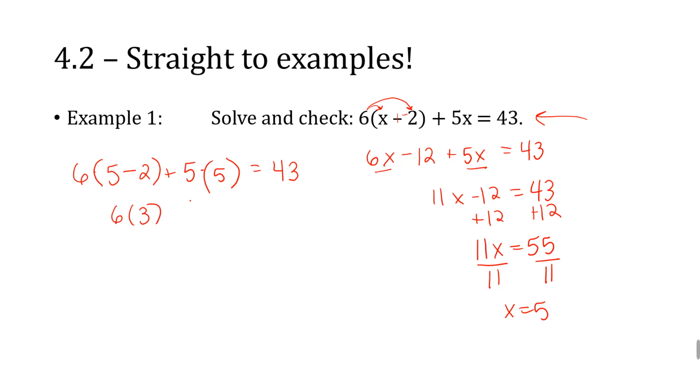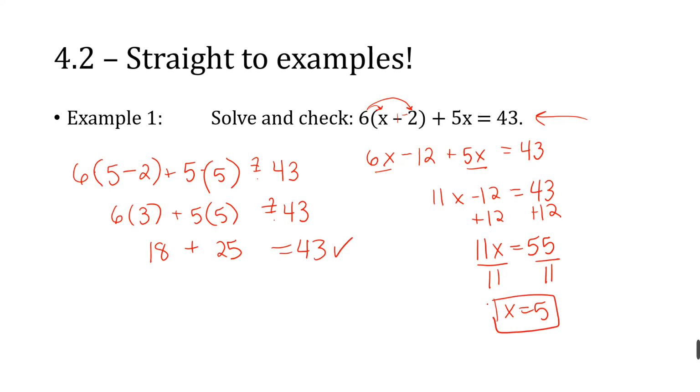And then in this parentheses, there's really nothing to do. Okay, does it equal 43? 6 times 3 is 18, and 5 times 5 is 25. 18 plus 25 is 43. Okay, we did it right, so we can box our answer.